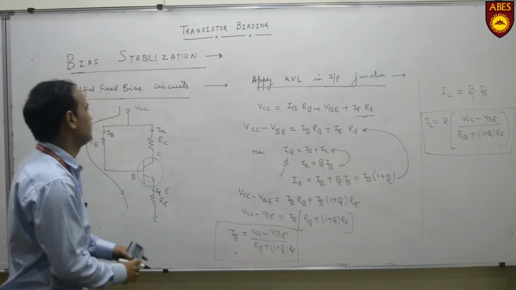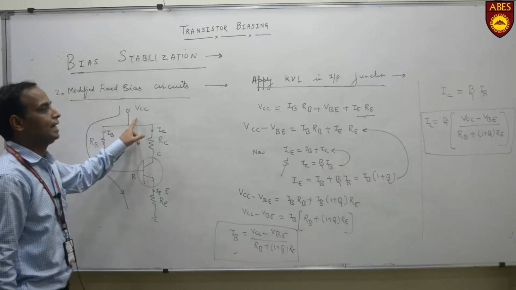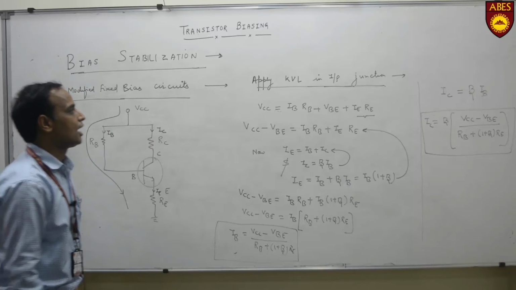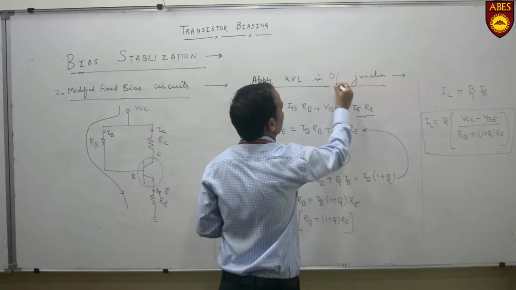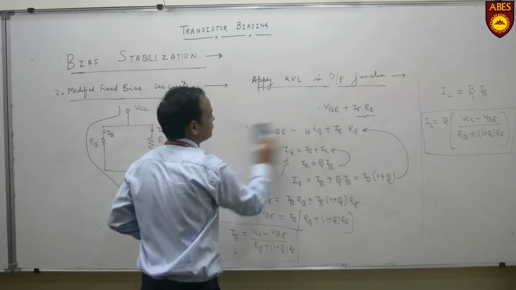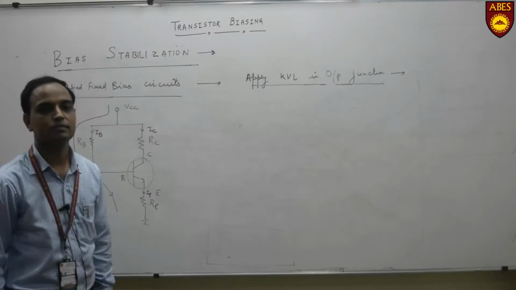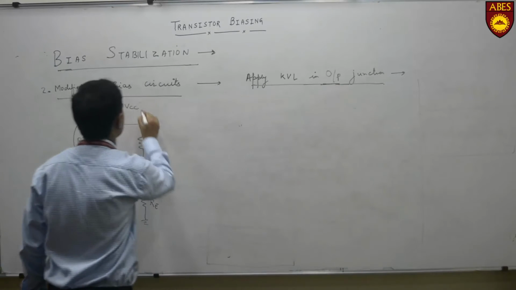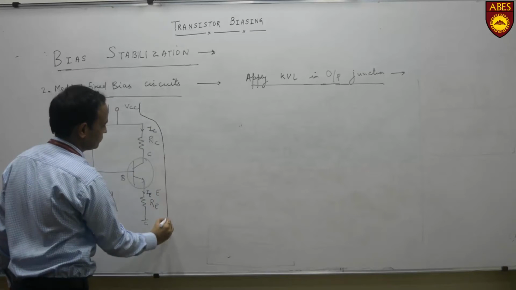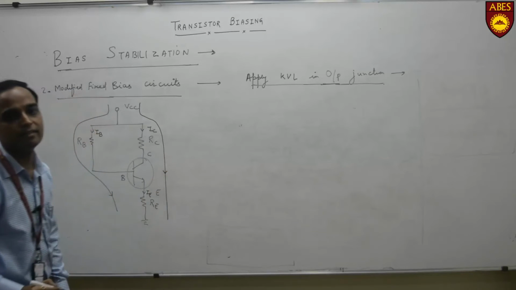Now I have to establish the value of VCE. Again I will be going with the same concept. I will be applying KVL in the output junction. So this is my output junction. My challenge is to find the value of VCE.